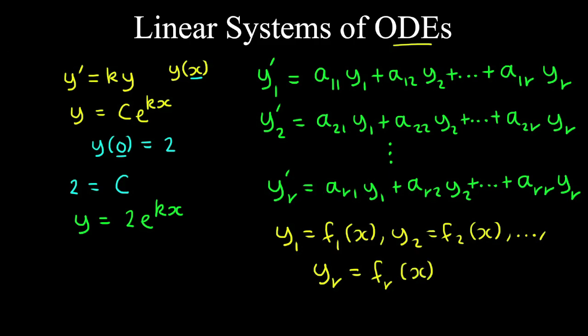So in general, we can write this system in matrix form. So we have y dash is equal to the matrix of coefficients multiplied by y. And this is the general matrix form of the first order linear system that we'll be solving.